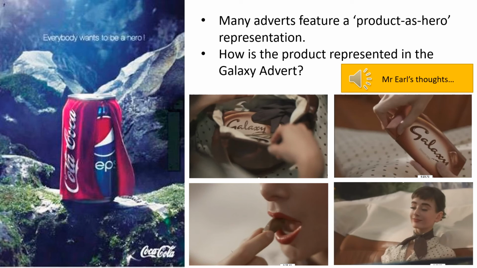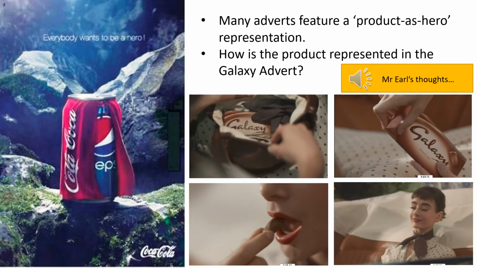You can see that in these screen grabs. And effectively, a lot of the positive things in the advert are presented using the same colour scheme as the Galaxy. So, for example, the car has the brown leather and the cream kind of hood. And they are both echoed in the Galaxy chocolate in the same way that Audrey's dress is the cream with the brown spots, and she has that brown neckerchief thing.